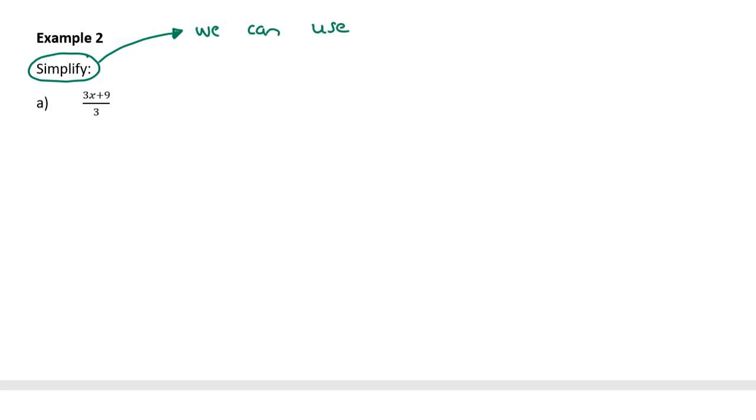It seems like we're going backwards, but it's almost like you're going one step back so that you can go 2 steps forward. So we can use factorizing to allow us to simplify. I know they seem like opposite processes, and they are, but 1 step backwards, 2 steps forward.